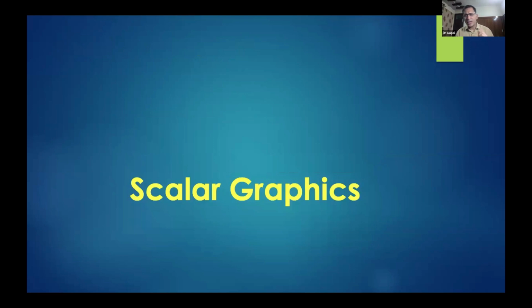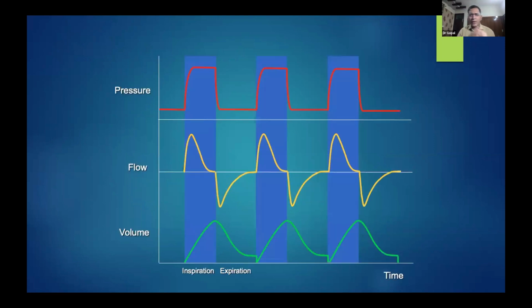So we'll start off with scalar graphics. As already discussed, there are three types of scalar graphics: pressure-time, flow-time, and volume-time. Let's see how each graph looks. Whenever you switch on a ventilator, you see the graphic. This is the most common thing which is seen.